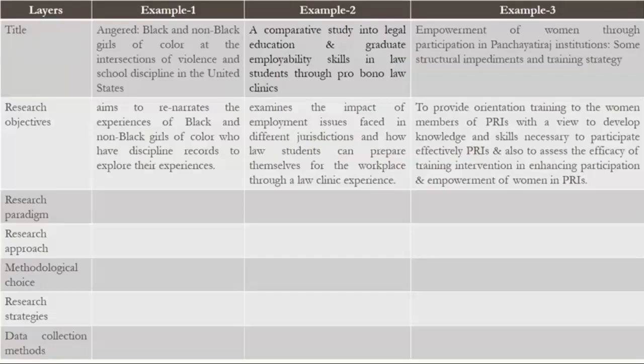Because you're trying to understand their experiences, they must have undergone a particular experience. If you want more clarity, a richer description, they should have experienced that particular phenomenon, that particular incident. It may be a crisis, it may be an event, whatever it is. If they have not experienced the particular event, if it is one or two small incidents, there's no point in collecting data from them. I won't get much understanding from this group of respondents.